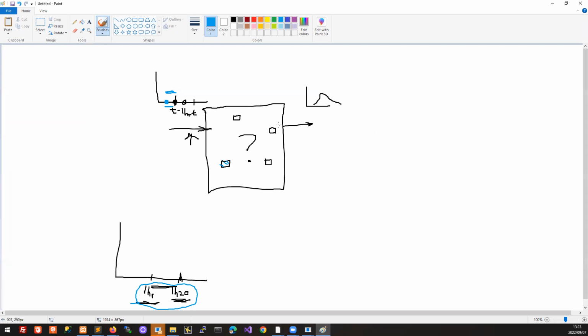But these are not the only fluid elements that entered from that group. So 1 hour and 20 minutes ago, a certain group entered. But as time went on, some of that group was exiting from that reactor. In other words, not all of the fluid elements that entered back then are still in the reactor. Some did exit between then and now.